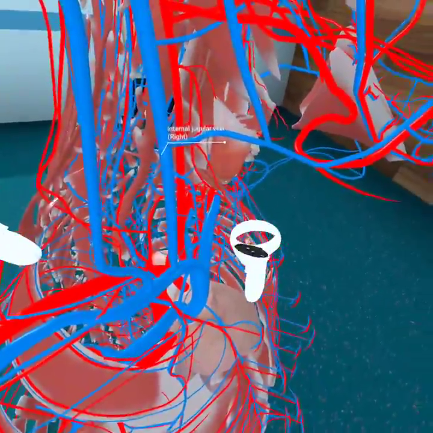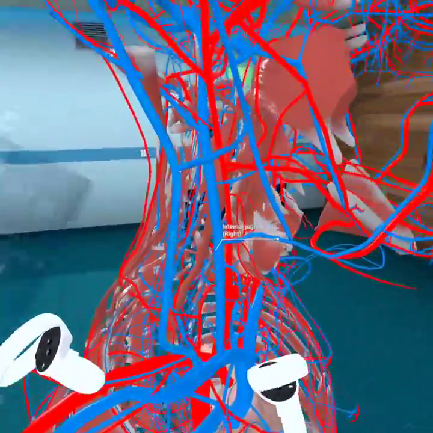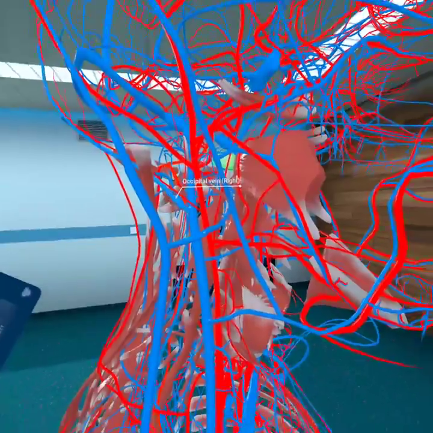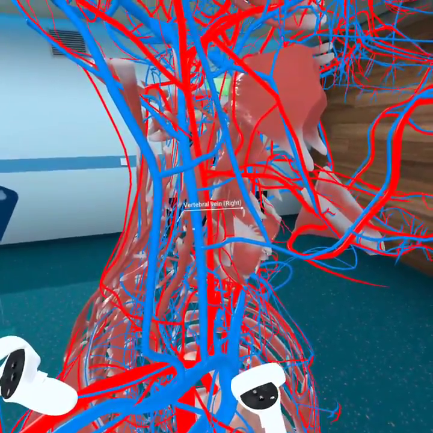So she mentioned facial. We found facial. We found our lingual, and we found our superior thyroid vein. Now the pterygoid plexus and the pharyngeal plexuses. Let's go backwards and see if we can find them. Okay, external jugular, all the way up.